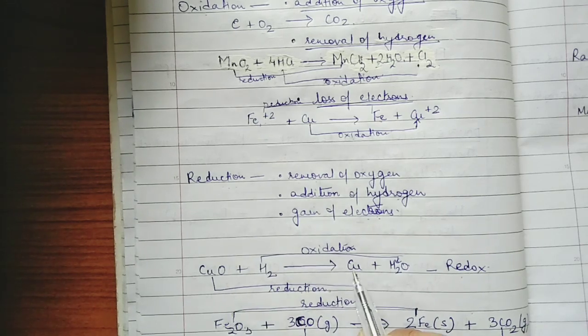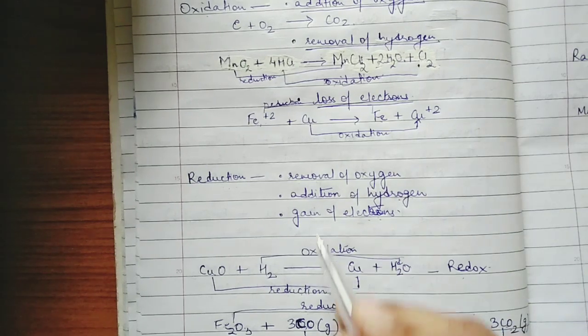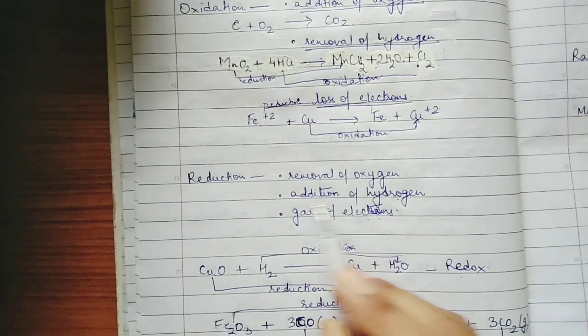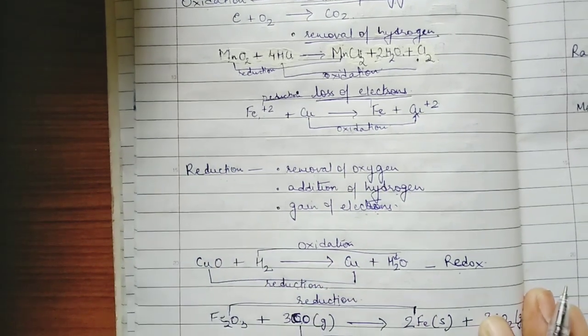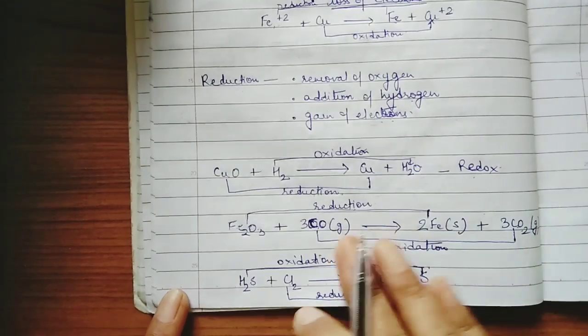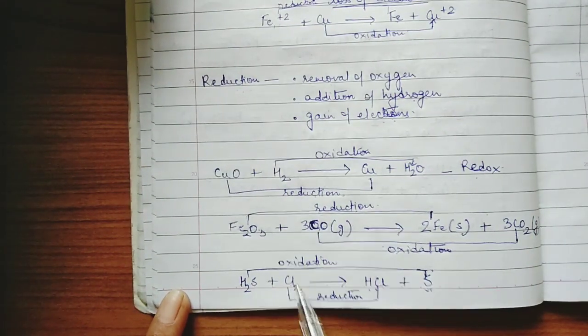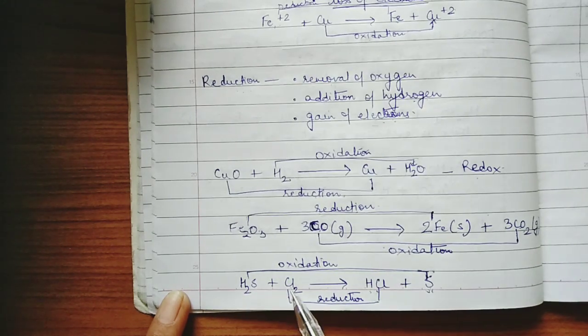So, this is the definition of reduction: removal of oxygen. Then addition of hydrogen is also known as reduction. Let us see an example: H2S plus Cl2 gives HCl plus S. Here we can see there is no oxygen, but there is hydrogen.